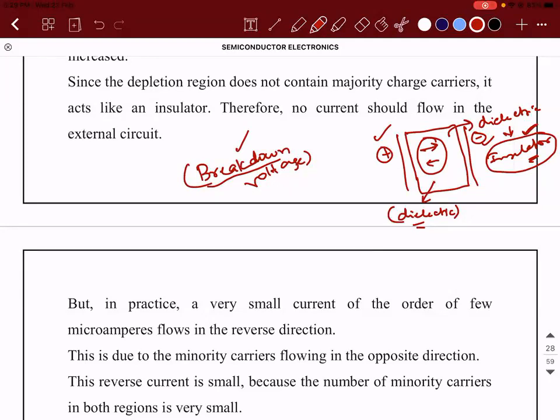Means the insulator will suddenly start conducting, but it cannot be an exact conductor. It has lost its property of insulation, due to which it starts conducting, but a very, very small value of current. Are you able to understand what is the meaning of breakdown now? So the particular point after which any insulator starts behaving like a conductor is what we call breakdown. Did you understand what I meant? Yes, sir.